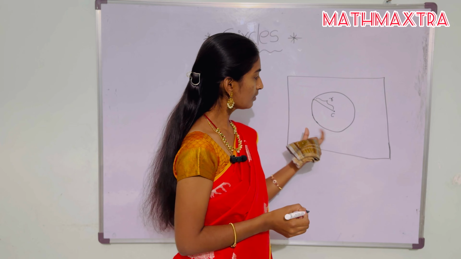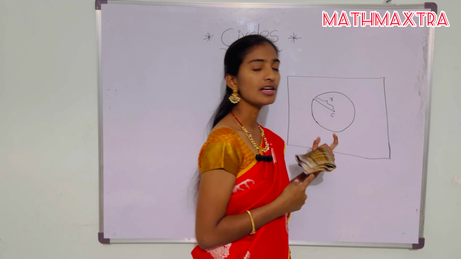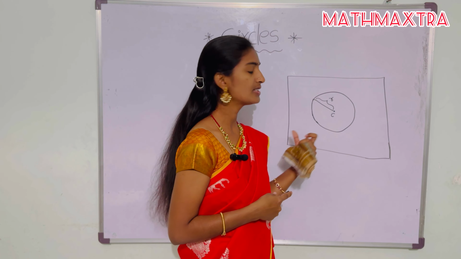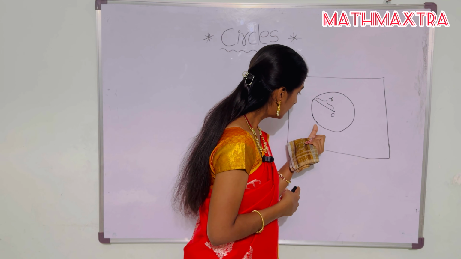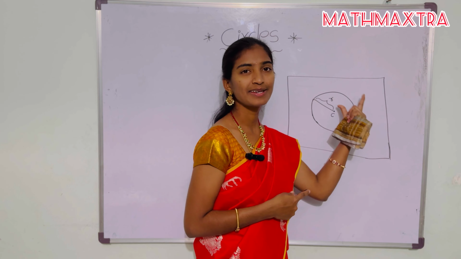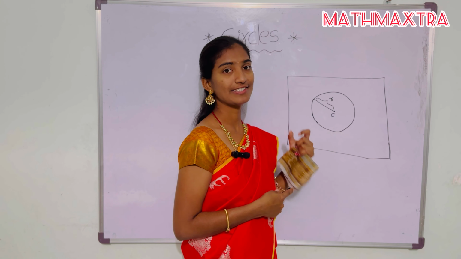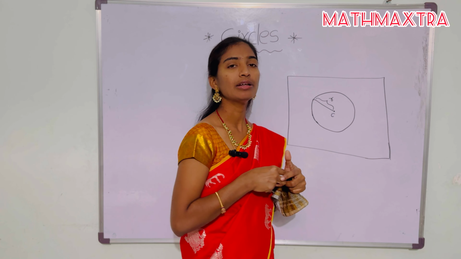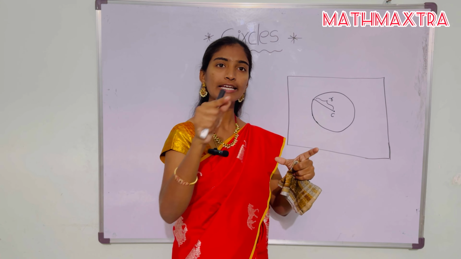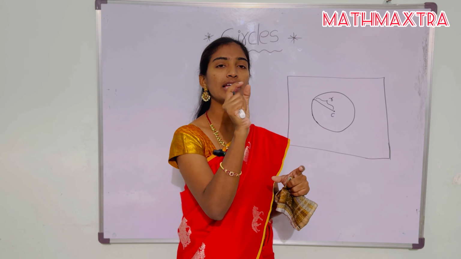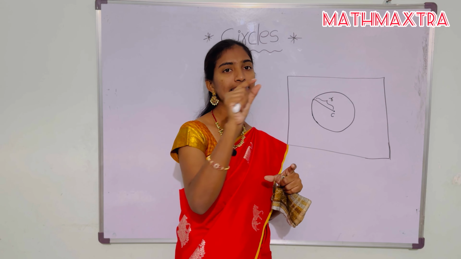This circle is also a polygon. How can we say this is a polygon? See, we cannot see the line segments here, isn't it? But why do we call this a polygon? See, in a polygon, if you go on increasing the number of sides, what happens? Automatically the length of the side decreases.